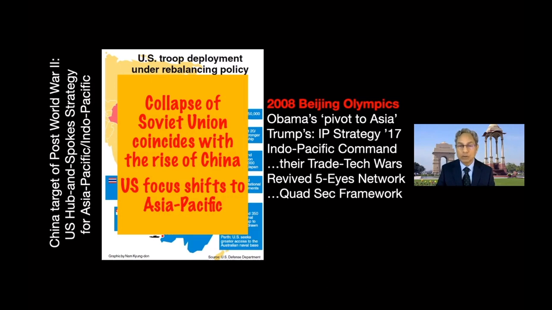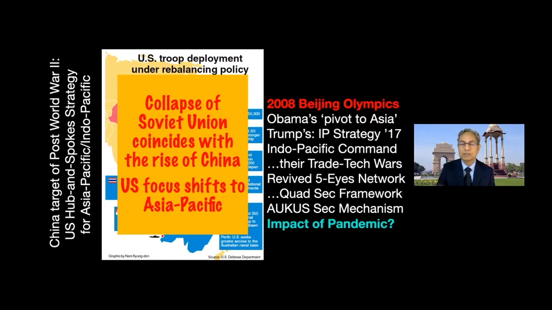United States has also led something called Quadrilateral Security Framework, which has Australia, Japan, India, and United States. United States recently launched AUKUS security framework, which is Australia, United Kingdom, and US, which is going to deploy nuclear submarines. And this kind of constant initiative of United States to curb the expanding influence of China has received a certain hit during the pandemic.